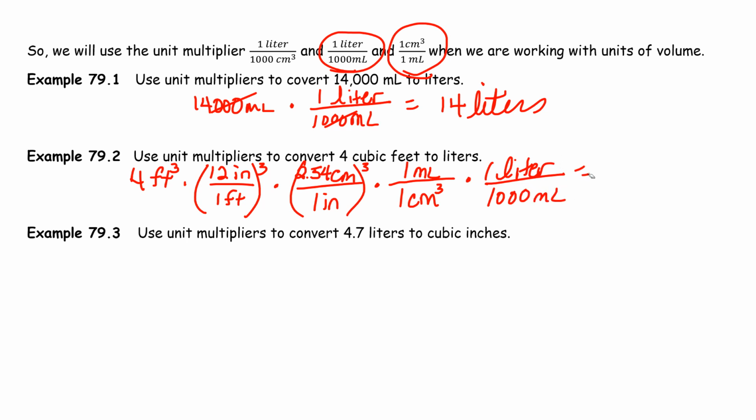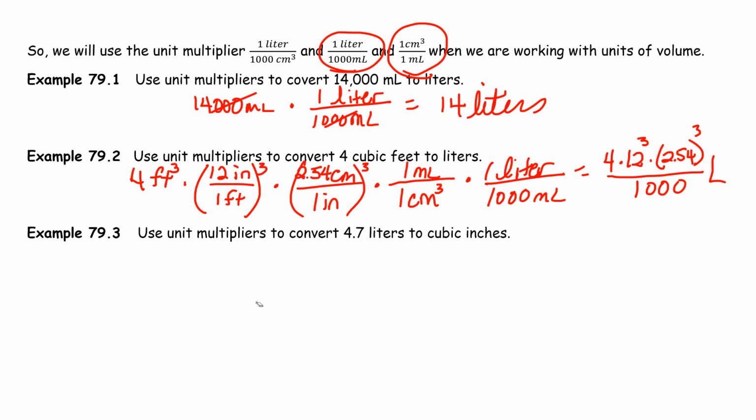And so now I would just multiply all that out. It looks like your book is not multiplying that out, so we'll just leave it the way it is. It'll be 4 times 12 cubed times 2.54 cubed all over 1,000. And that's going to be liters.